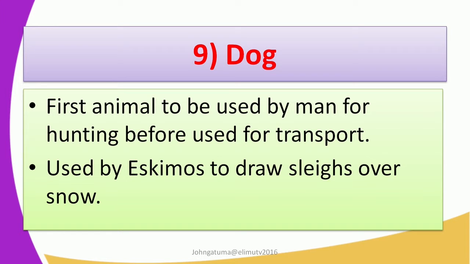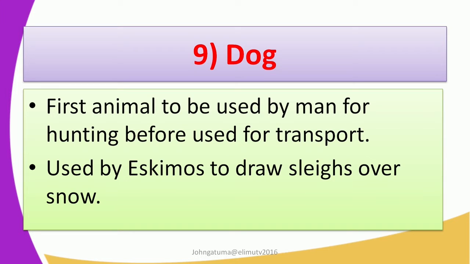A wheelless vehicle that was used by the Eskimos in the snowy areas, and therefore the bigger breeds of the dog were used to draw small sleighs over the snow. The Eskimos, remember, are the indigenous peoples of the Arctic or northern Canada, and also Alaska. These are the people who normally used this.